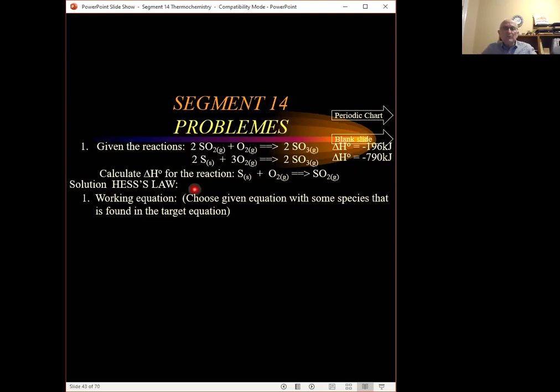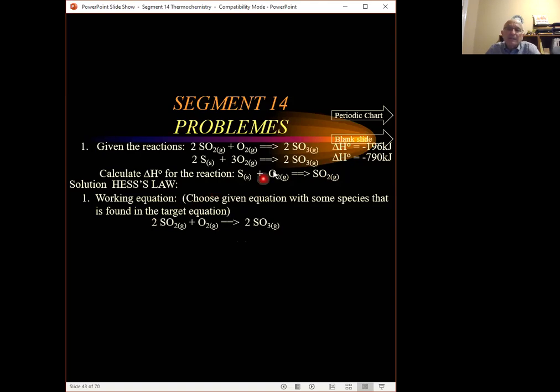So here's what we would do. We want to start with what we're going to call a working equation. And we want to choose the given equation with some species that's found in the target. So I'm looking at this and I'm saying that this is my target equation, sulfur and O2 to make SO2. The most complex thing in it is the SO2 on the right. So what I'm going to do is write that reaction as my target.